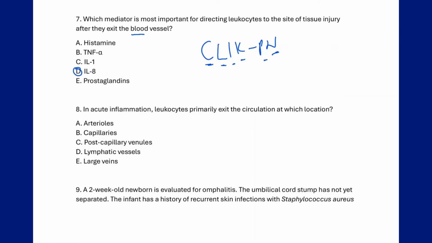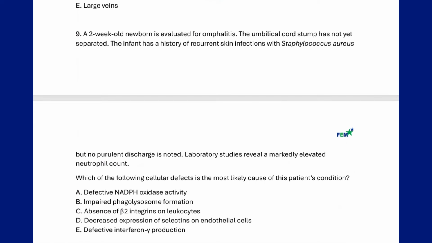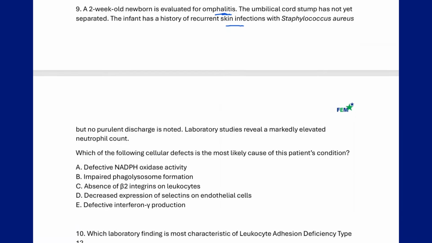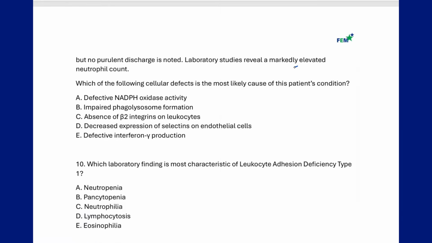Next question, a 2-week-old newborn is evaluated for inflammation of the umbilical cord, which is omphalitis. The umbilical stump has not yet separated. The infant has a history of recurrent skin infections with Staphylococcus aureus, but no purulent discharge is noted. Lab studies reveal markedly elevated neutrophil counts. Which of the following cellular defects most likely causes this condition?